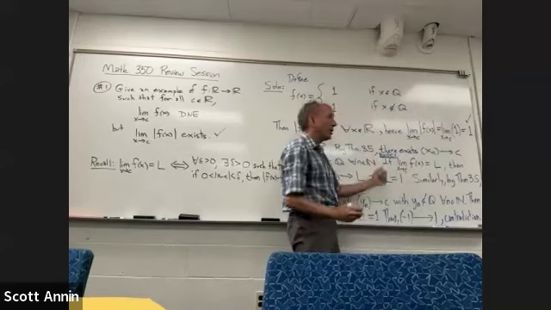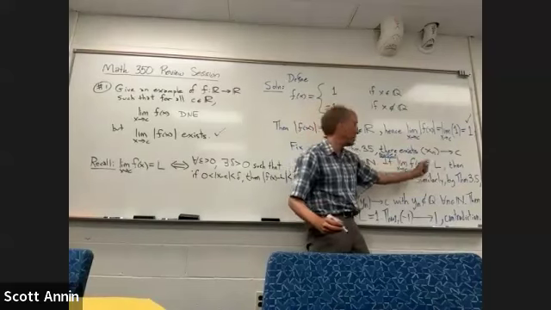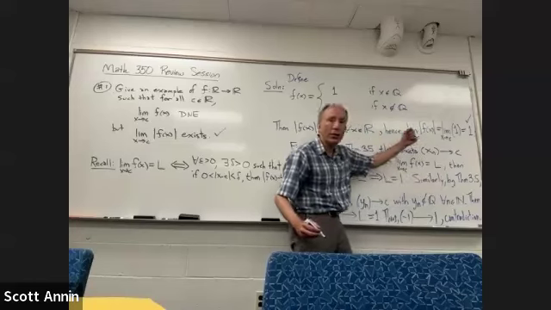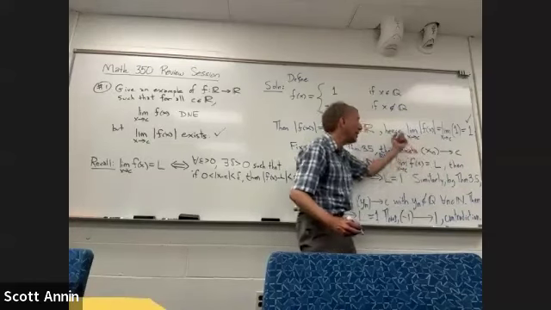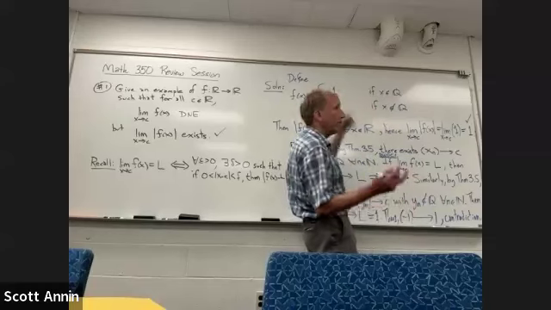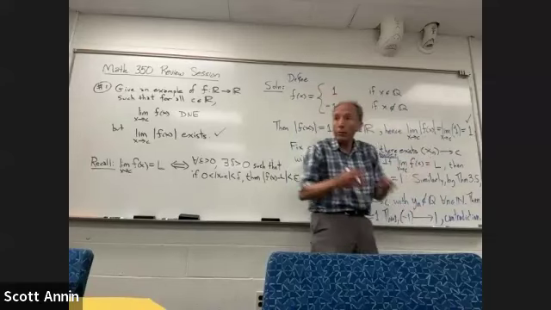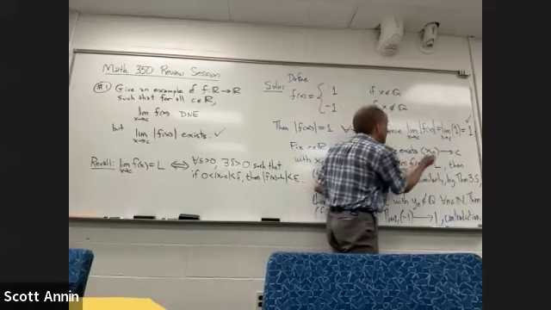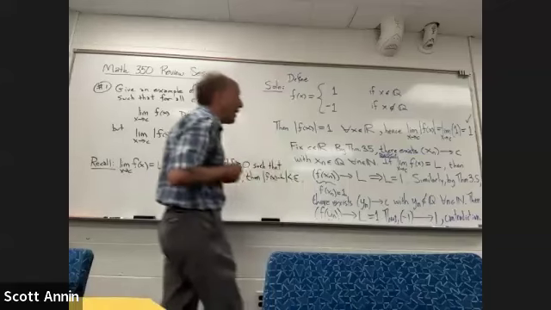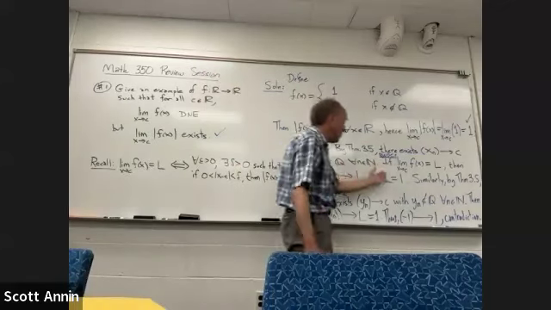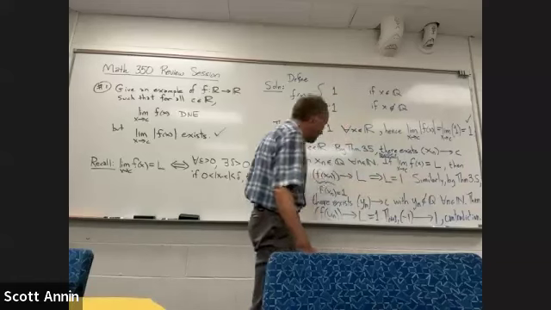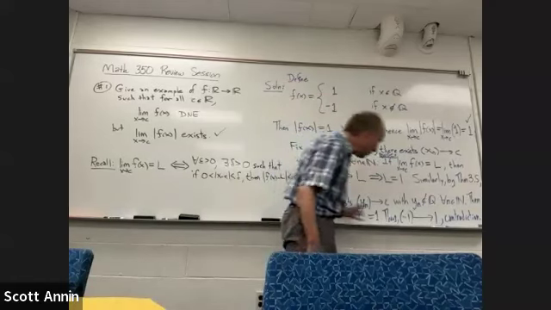By way of contradiction, if this limit of f of x did equal some value, you can't say what value it is, so you have to leave it arbitrary and say it's maybe equal to L. Nothing says it has to be 1 or -1, it could be something else. Suppose this limit does equal some fixed value L, and then based on that, you prove that L has to be two different things. It has to be equal to 1 according to the first sequence, but -1 according to the second sequence.